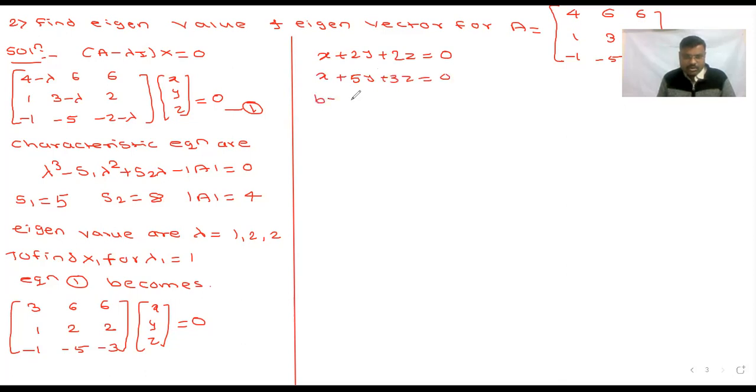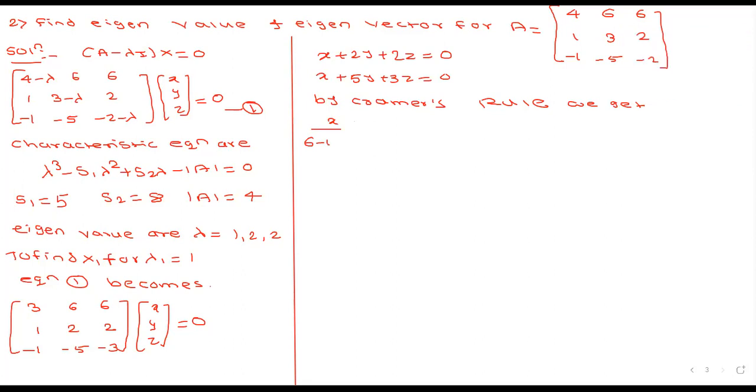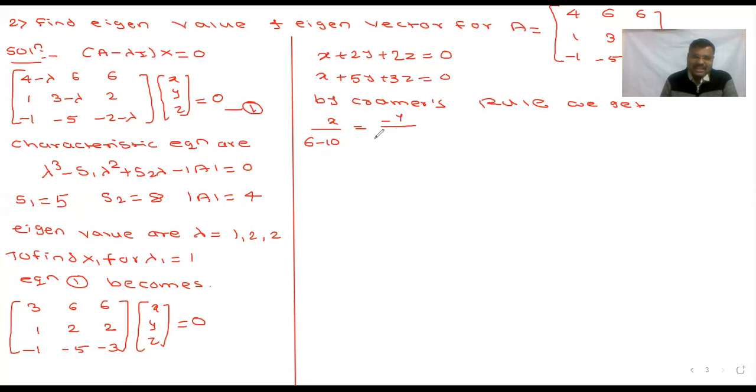So by Cramer's rule we get x divided by 6 minus 10, minus y divided by 3 minus 2, z divided by 5 minus 2.